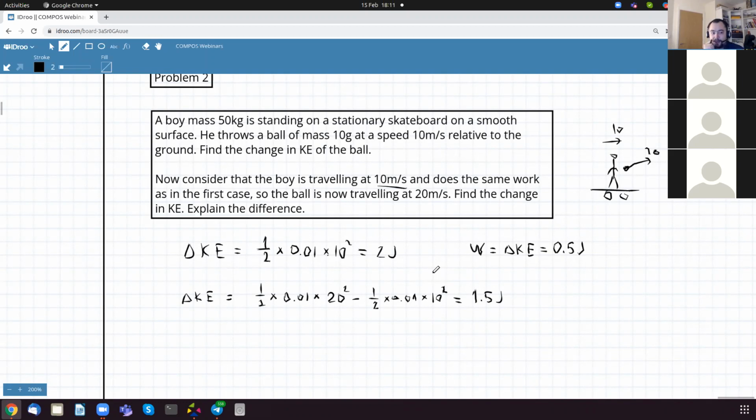So how come it had more kinetic energy? Well, the thing which we did not take into account is that when the boy throws, the boy starts to move as well.